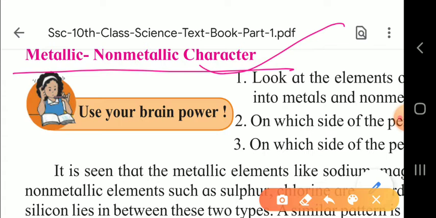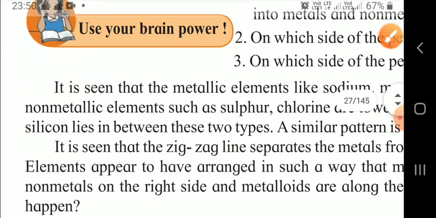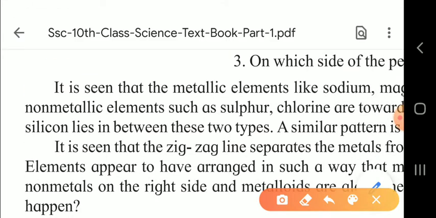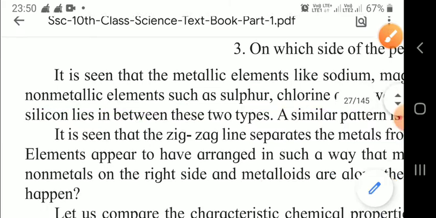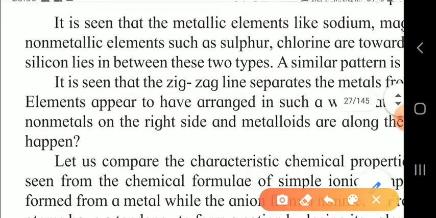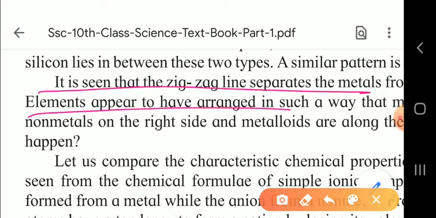This I already taught earlier. You note down that sulfur, chlorine, these are the non-metals, and sodium, magnesium, etc. are the metals. Now underline this full paragraph.